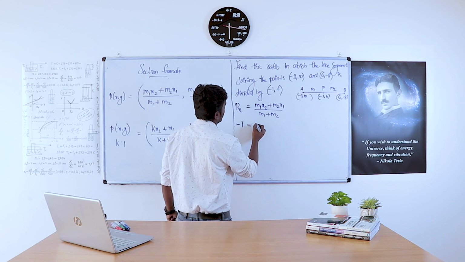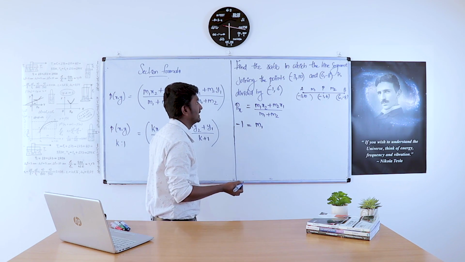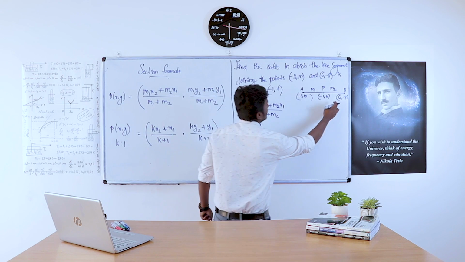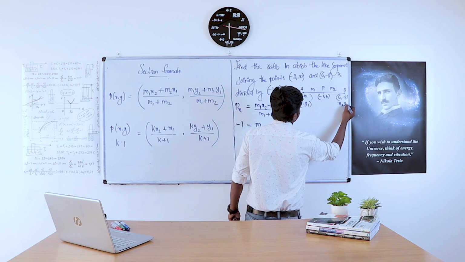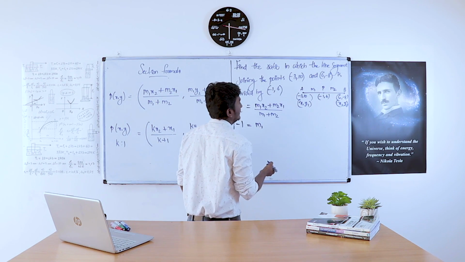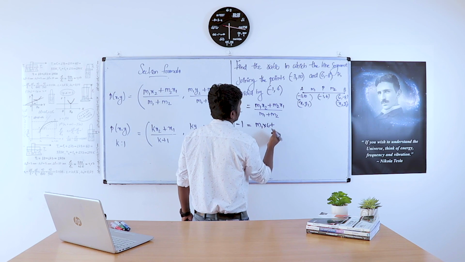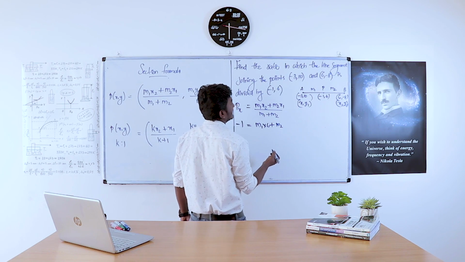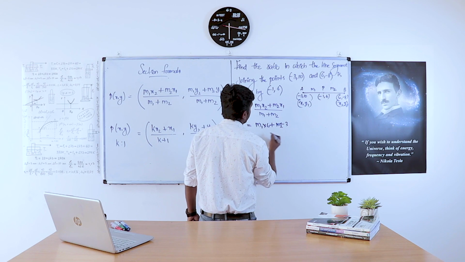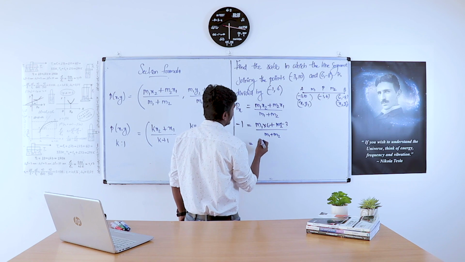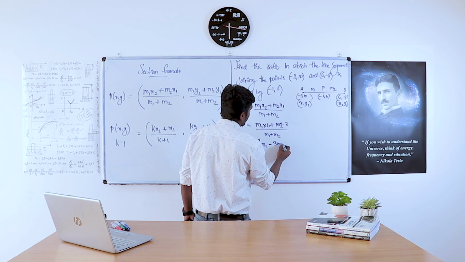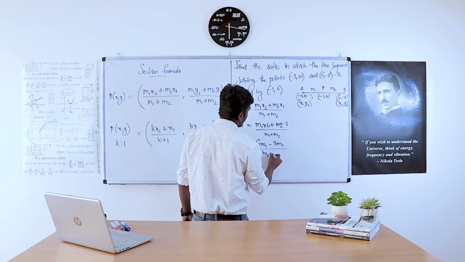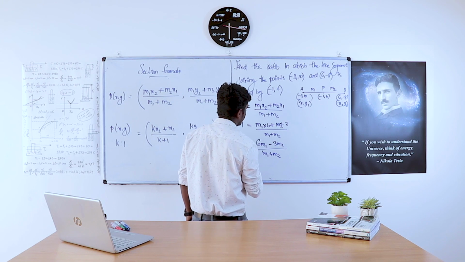So -1 is equal to m1 into x2, which is 6, where A is (x1, y1) and B is (x2, y2), plus m2 into x1, which is -3, all divided by m1 + m2. That is (6m1 - 3m2) divided by (m1 + m2), which is -1.